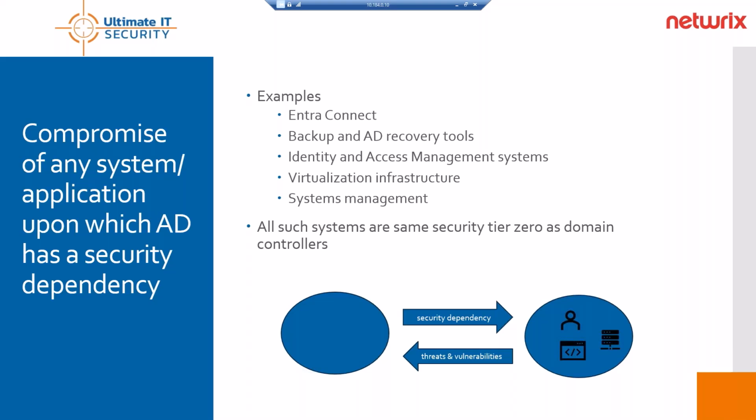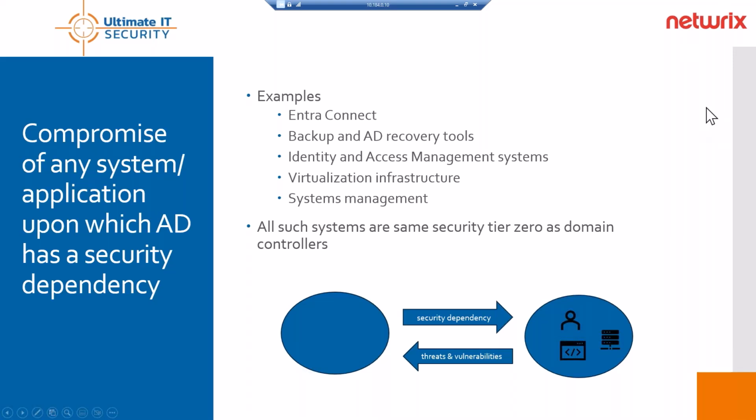This is another fundamental of cybersecurity, that any entity that has a security dependency on another entity, and that could be like what we show here, a user account, hardware, a program, well then whatever threats and vulnerabilities, whatever attack surface that entity has, whatever unpatched vulnerabilities, et cetera, all of that then should be considered as being exposed on whatever objects have that security dependency.